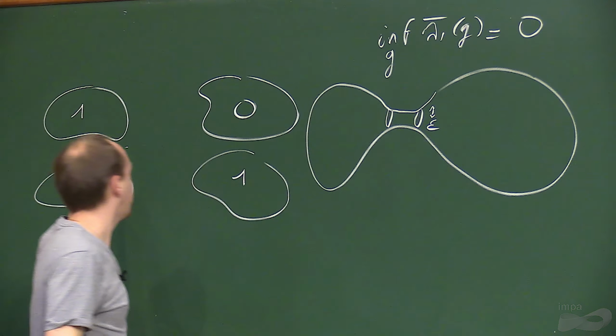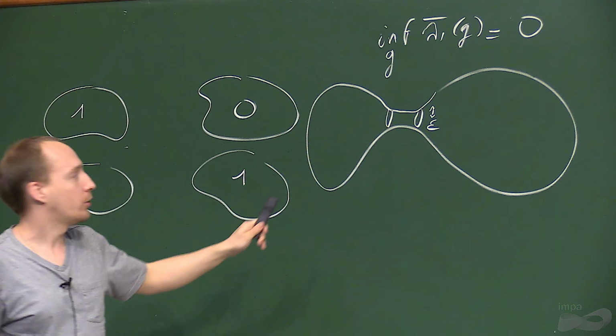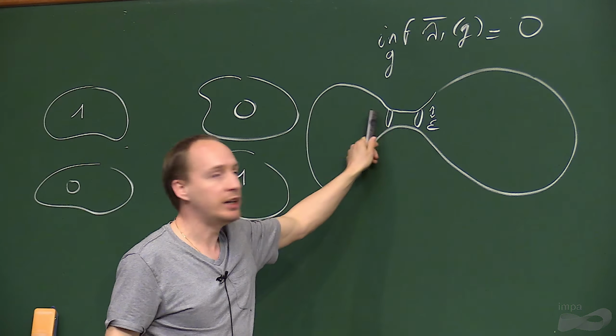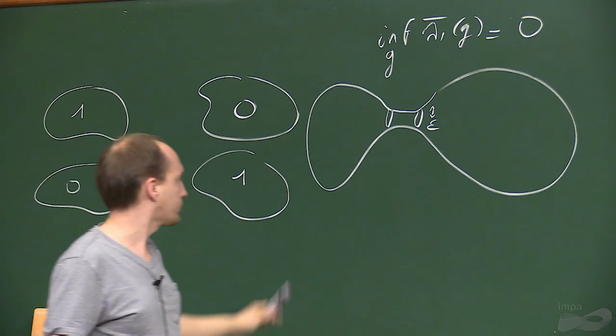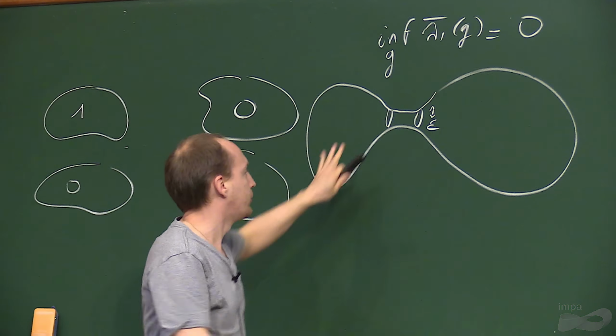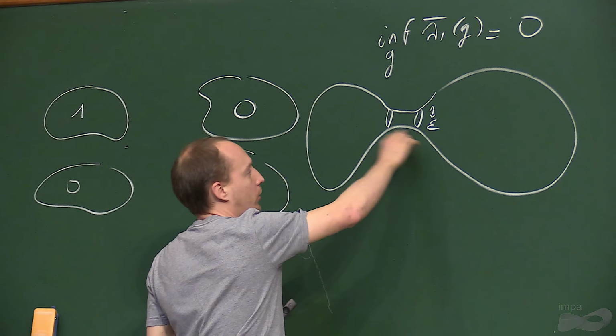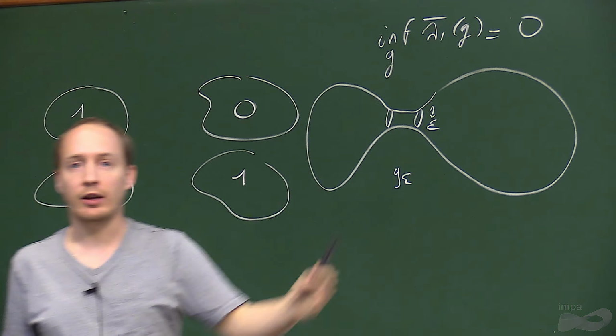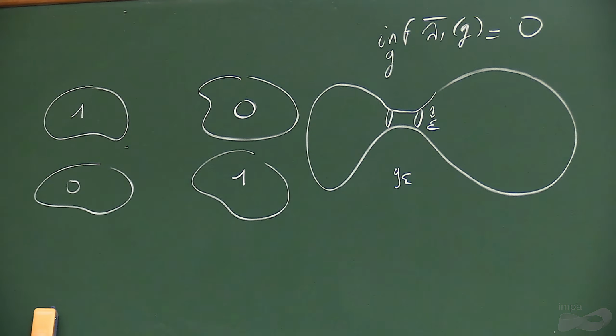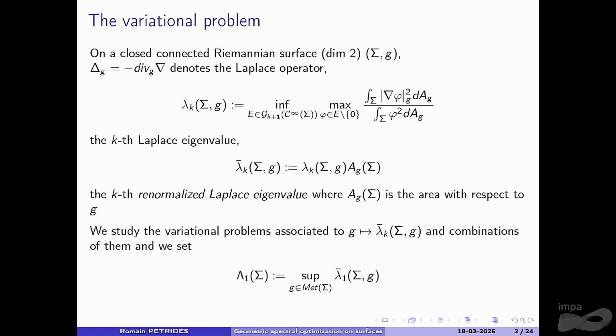And you use this test function, a kind of linear function that has a small gradient here, so that the metric g epsilon associated to this surface has first eigenvalue going to 0. Okay, so maximization is the only relevant thing to do if you want to optimize it.